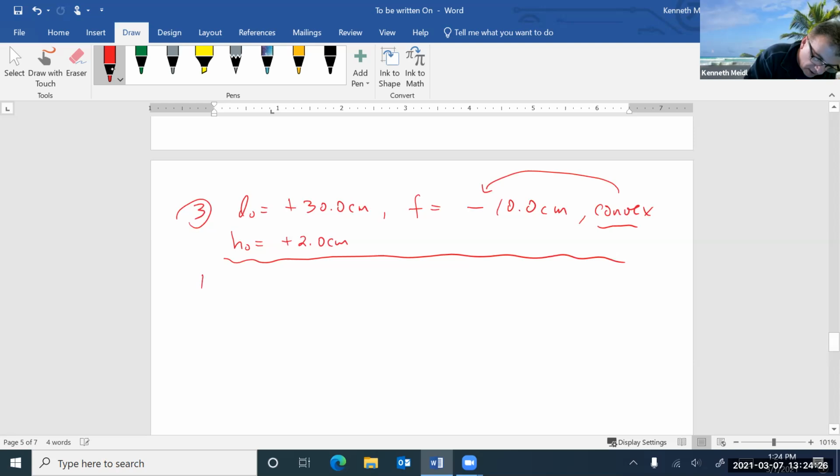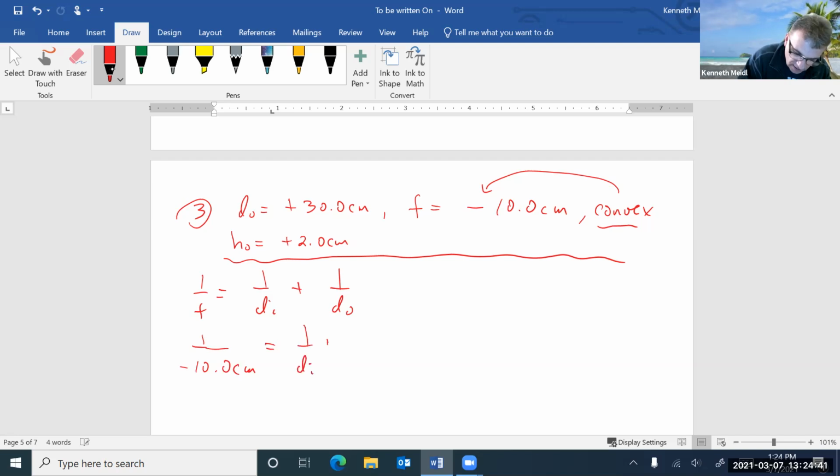Okay, so that's just going to come right from our spherical mirror equation. And I'm going to put in a minus sign here for my focal distance. I'm looking for DI, and DO is plus 30 centimeters. So it looks like we're going out to like 3 sig figs.